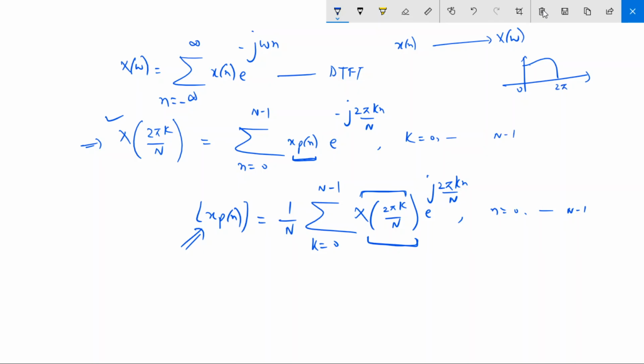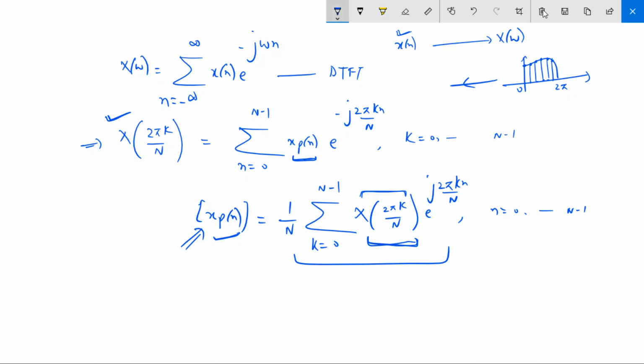Between 0 to 2 pi, you have taken its samples with the spacing of 2 pi by n. You have taken n samples. You got this equation. Now from these samples, when you apply this inverse relation, you are getting xpn. It means from the samples, you cannot directly get xn, but what you can recover is xpn. So xpn is what? Xpn is the periodic sequence which is obtained by repeating xn after every n samples.